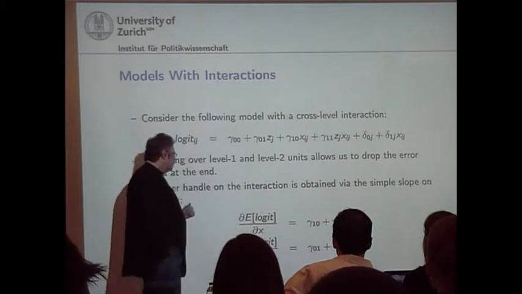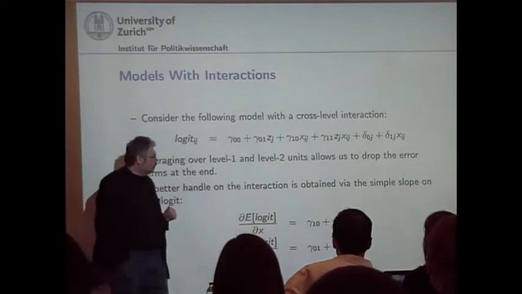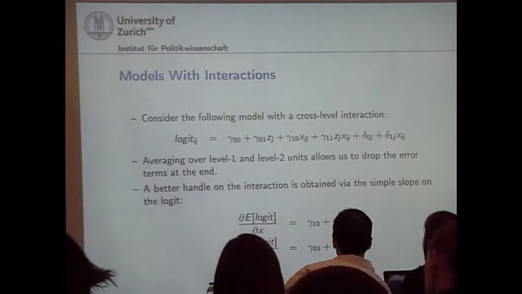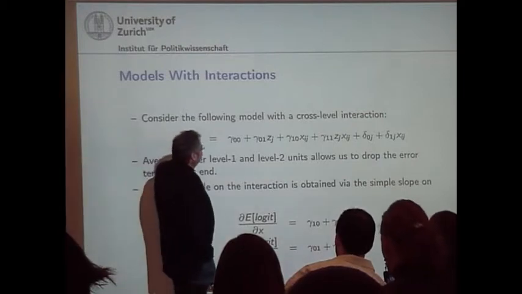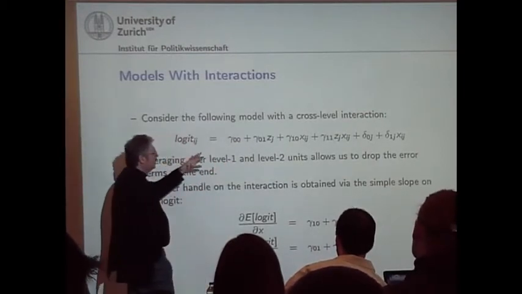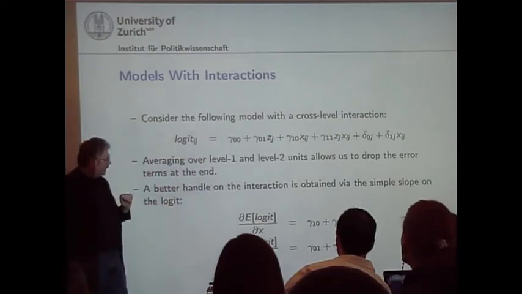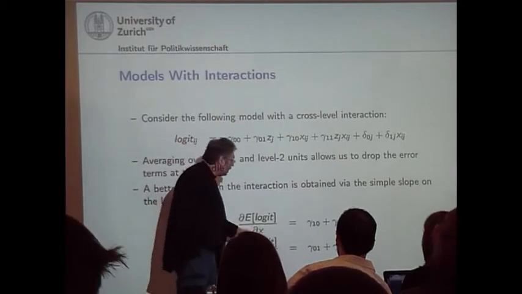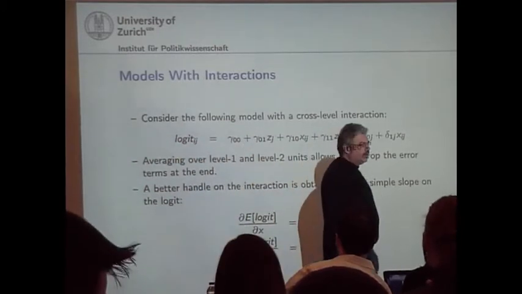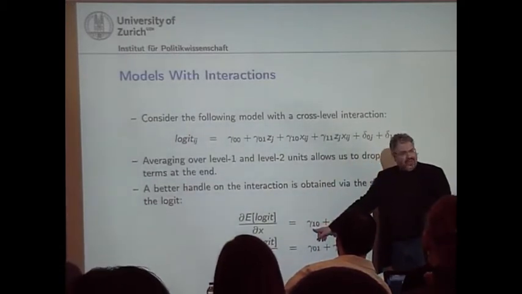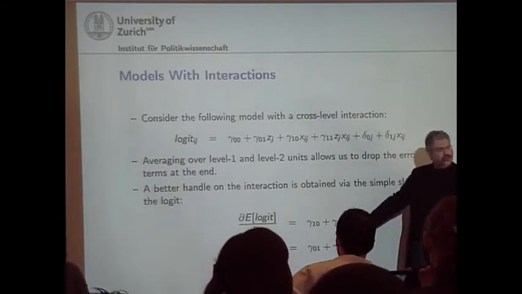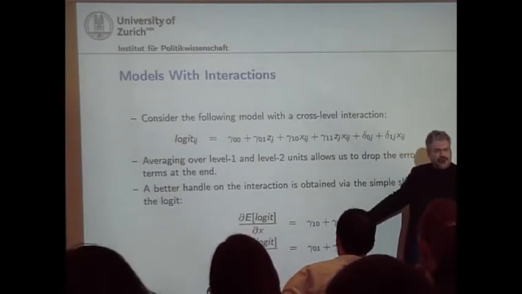And here we can do something very similar to doing simple slopes, which we did with the hierarchical linear model yesterday. So if we want to look at the effect of X on the expected logit, what we take is the partial derivative of the expected logit with respect to X. And what we are then left with is the main effect of X plus the interaction effect times the value of Z, which is the moderator.